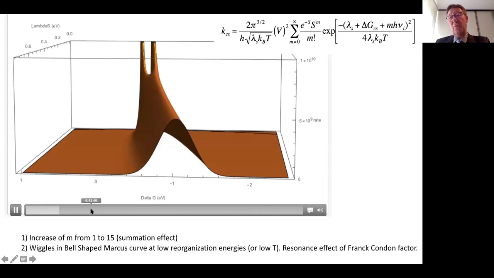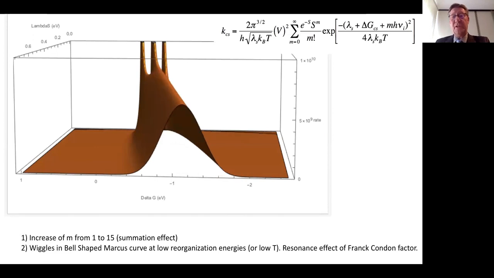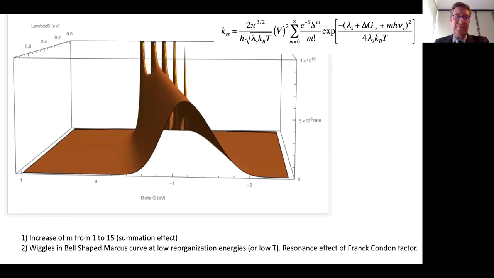And if you go beyond 15, then the influence becomes smaller and smaller. So you see that the summation factor keeps on adding in the inverted region. This is how the semiclassical expression handles the overlap of the vibrational wave functions. So that is the way that the rate is increased in the Marcus inverted region.